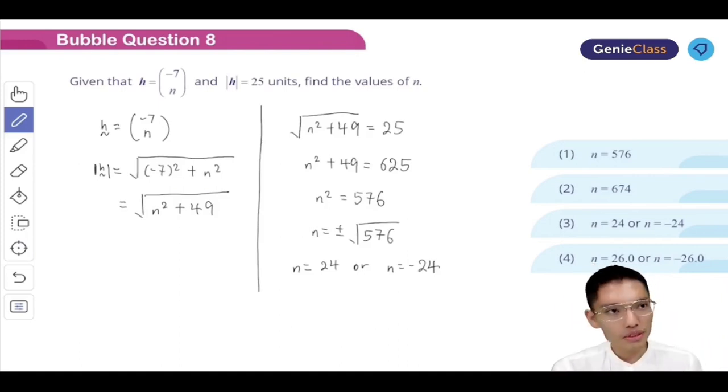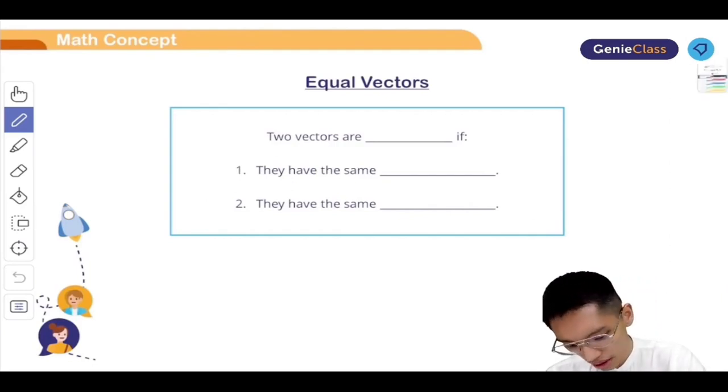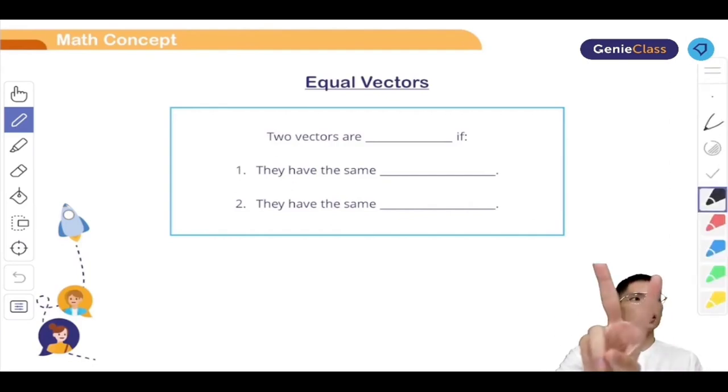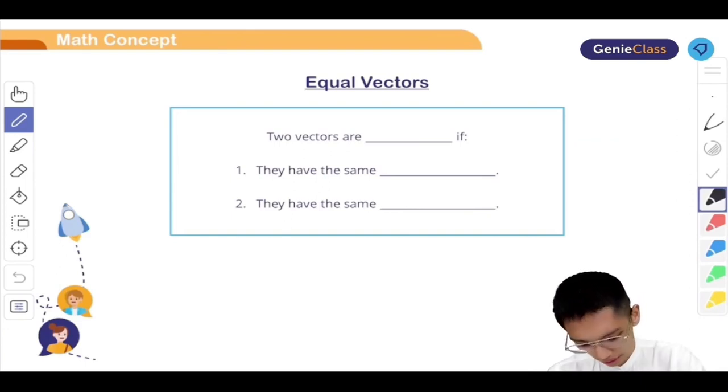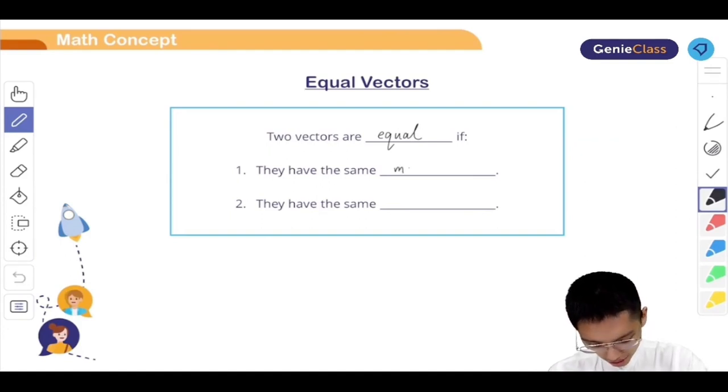Alright, so let's move on in terms of, I would say, a few more concepts that we need to go through. Okay, over here. Now, when we talk about equal vectors, one thing to take note, two vectors are in this case equal, if you follow your matrices calculations, because they have the same magnitude and the same direction.